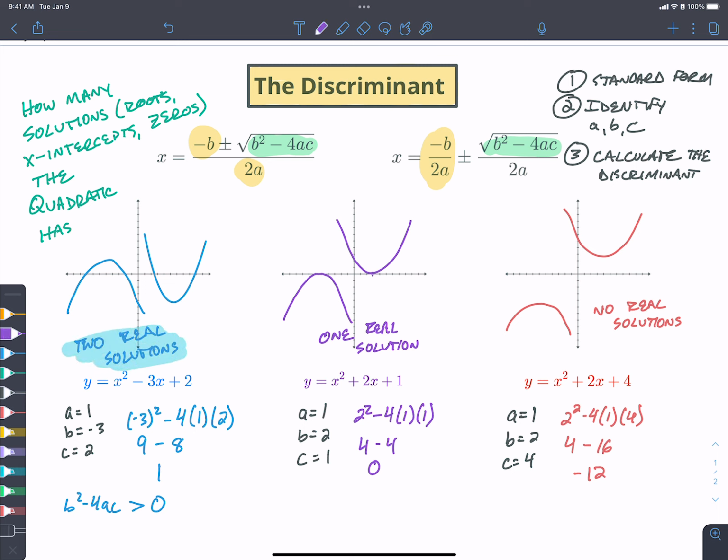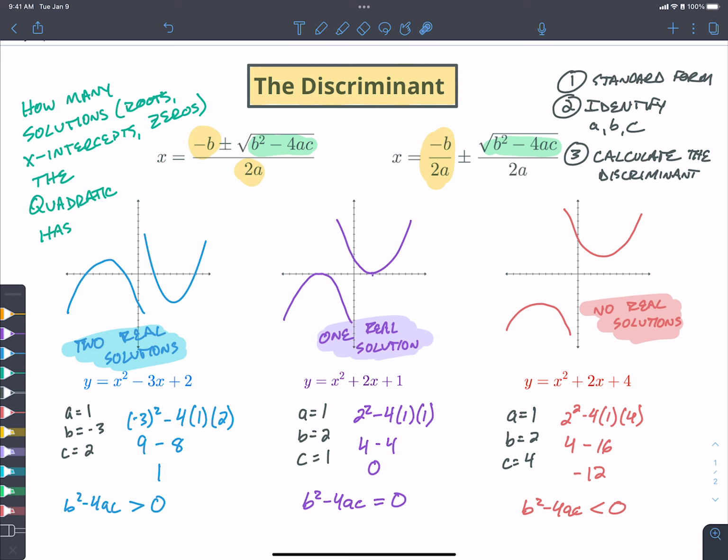If b squared minus 4ac equals 0, then you'll have one real solution, or we call that a repeated root. And if b squared minus 4ac is less than 0, then we have no real solutions.